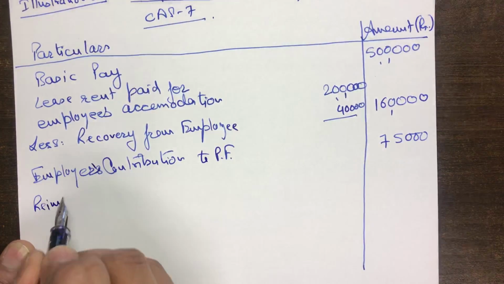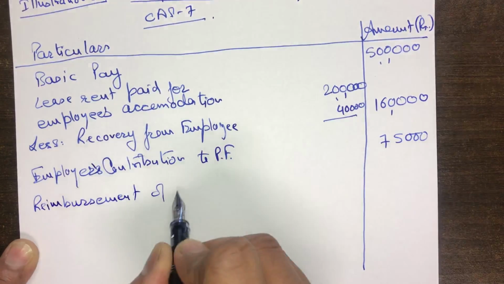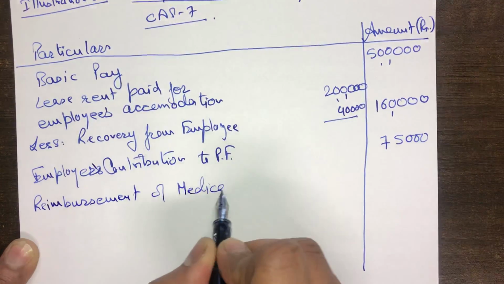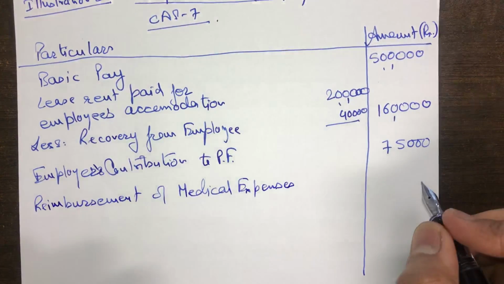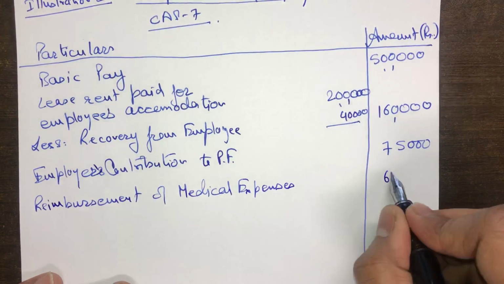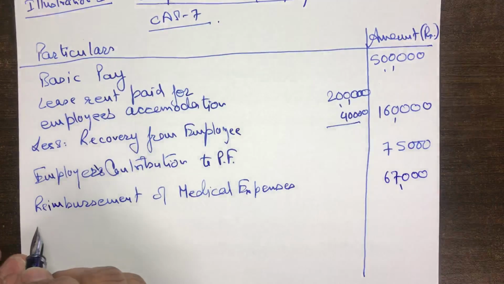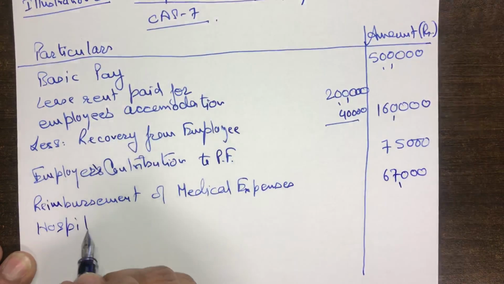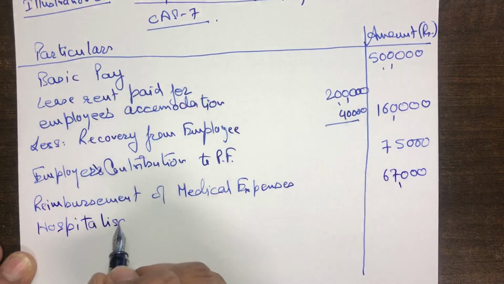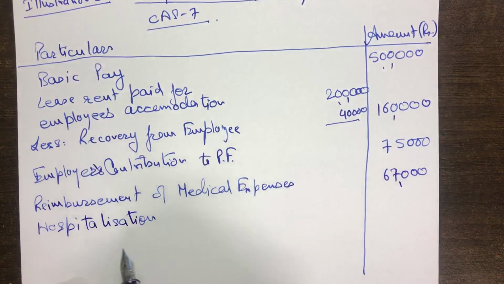Next item is reimbursement of medical expenses. So some expenditure has been incurred by the employer on medical expenses of the employees. This will form part of the employee cost. Remember, any expenditure which is paid to facilitate or on behalf of the employee will be recognized as employee cost.